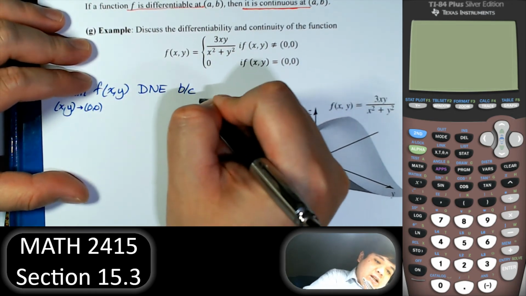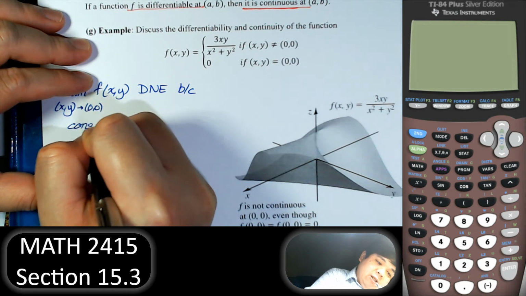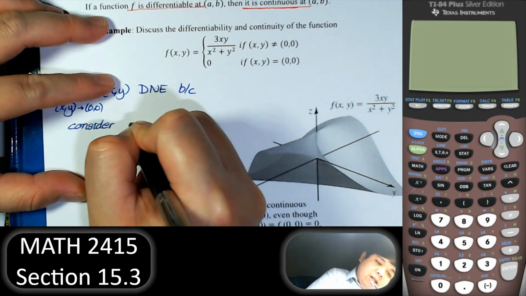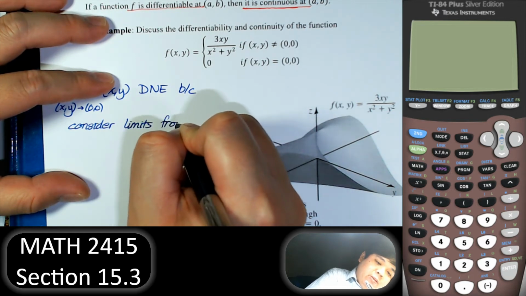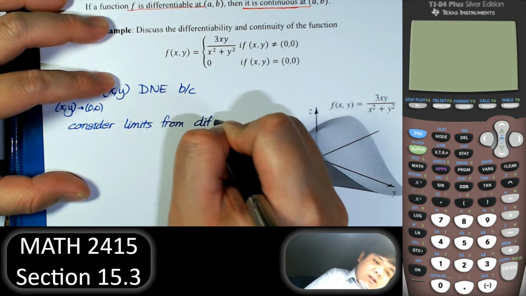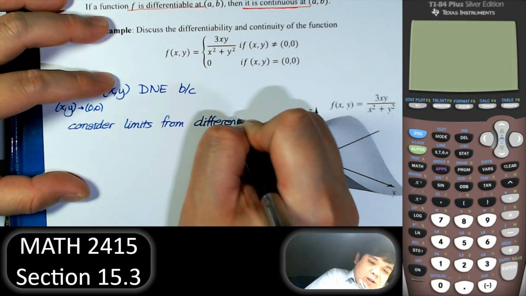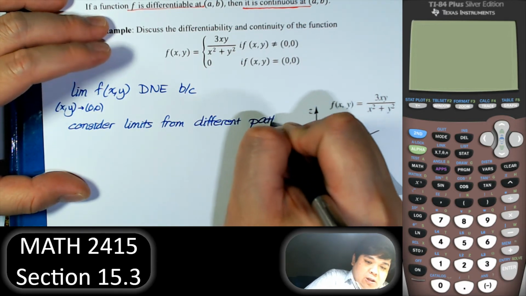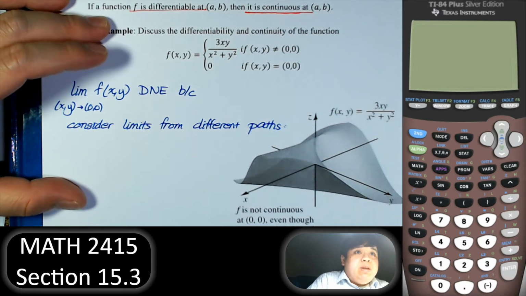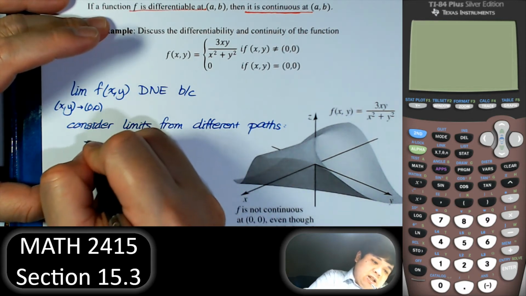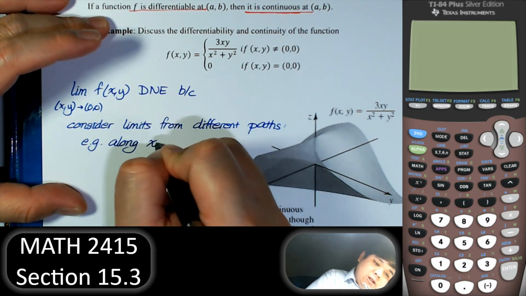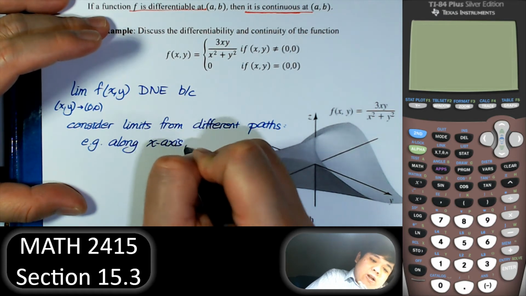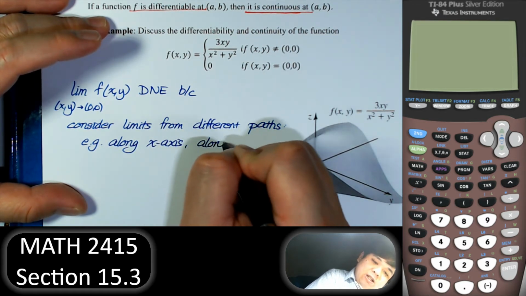Because just consider limits from different paths. One of them is along the x-axis. Along the y-axis.